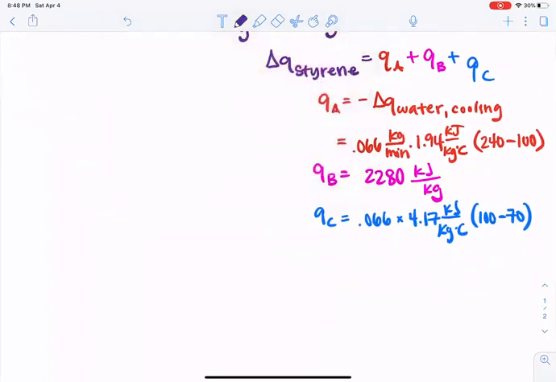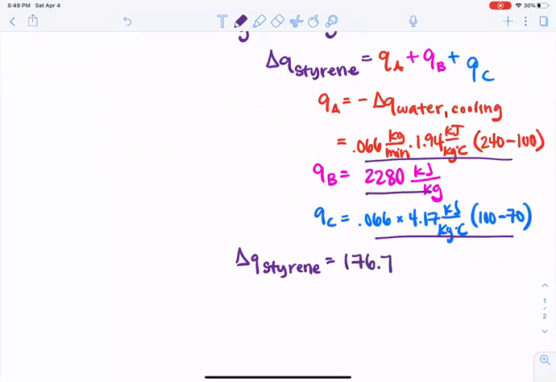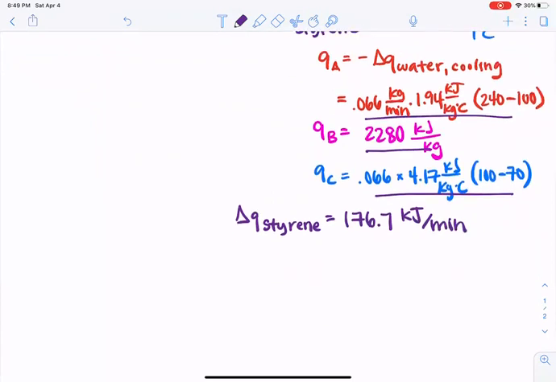So if we combine all that together, well, let's first just say QA plus QB plus QC is delta Q styrene, and if we plug all these numbers into our calculator, we're going to get 176.7 kilojoules per minute. And then what is delta Q styrene?